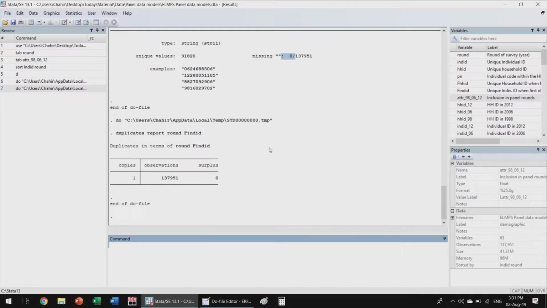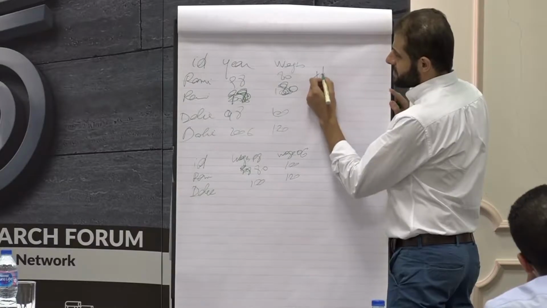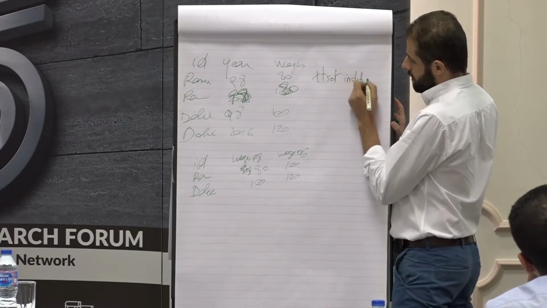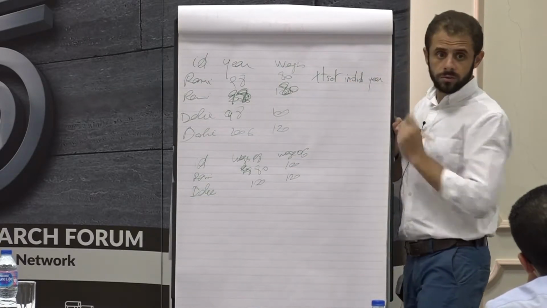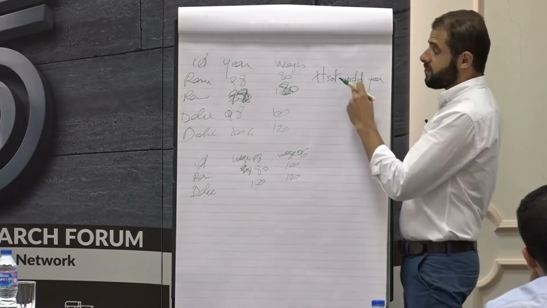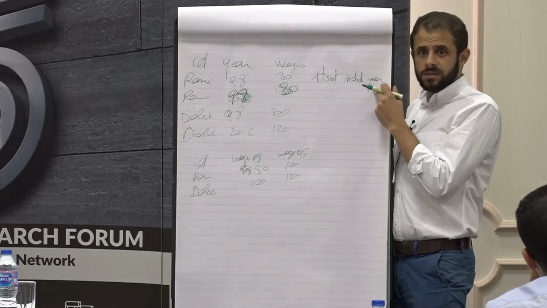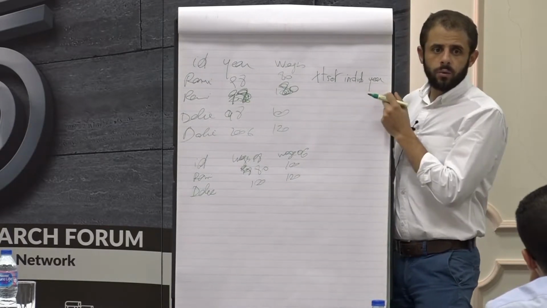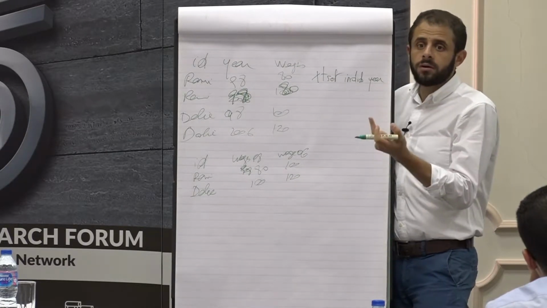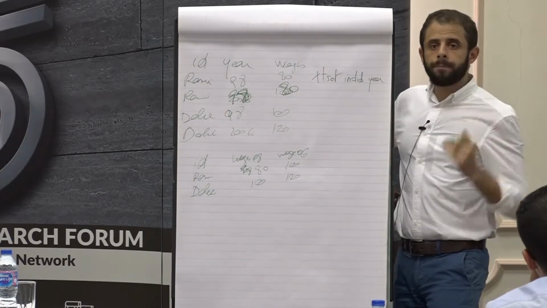But in general, you will see later that when we declare a data set as a panel, we write xtset, for instance, individual ID and year, or round. If I have any repetition in the individual ID for the same year, STATA will not be able to implement this command, and therefore I will have to drop the duplicates.